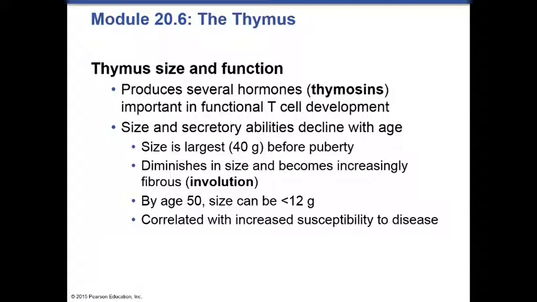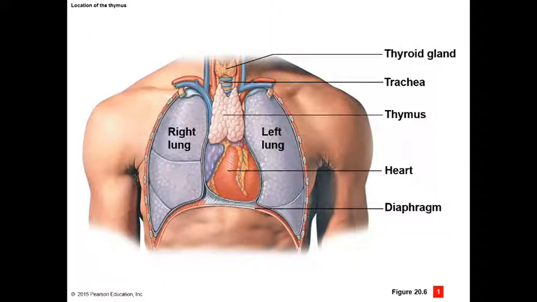And that means that elderly people are more susceptible to disease because they don't have the T cell production going on as robustly as they did before. So not only are they more susceptible to infection, viruses, and colds, but also the ability of the immune system to catch, if you will, tumor cells and cancer cells starts to decrease, so the incidence of cancer is on the rise in the elderly.